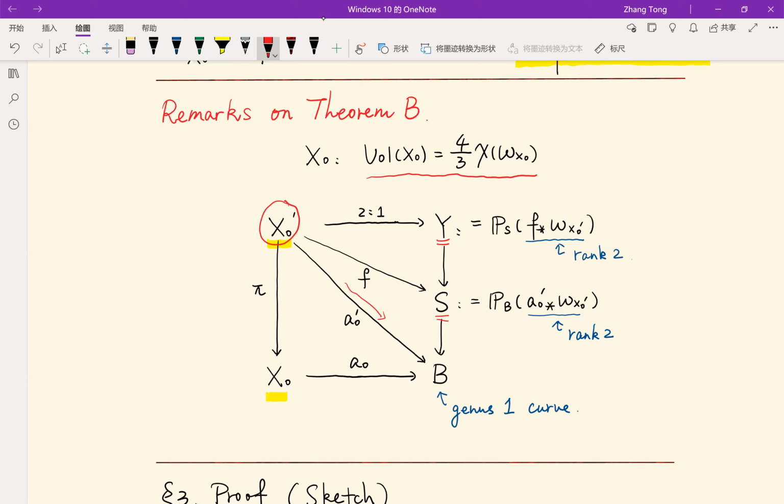And here, every data, for example, the rank 2 vector bundle and this cover, the branch locus of the cover, all the things can be explicitly calculated. So far, we have a pretty good understanding of this extremal case. Okay, so that's two theorems I want to introduce. So any question so far?